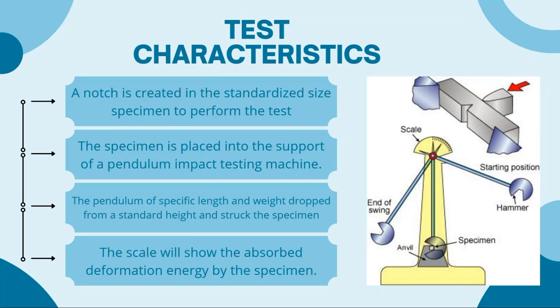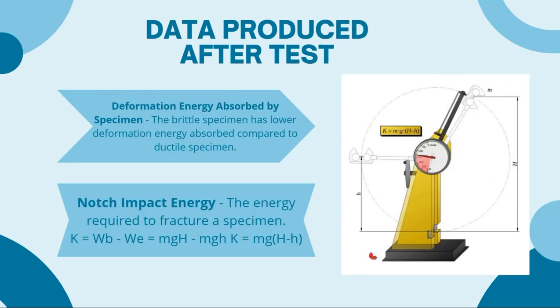And the scale will show the absorbed deformation energy by the specimen, as you can see in the example picture. It is an example of test characteristic.